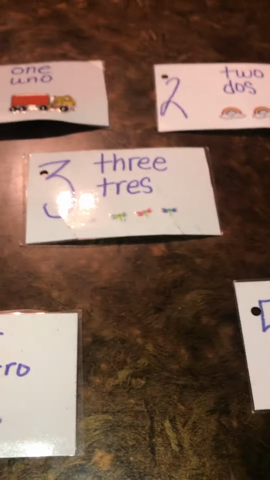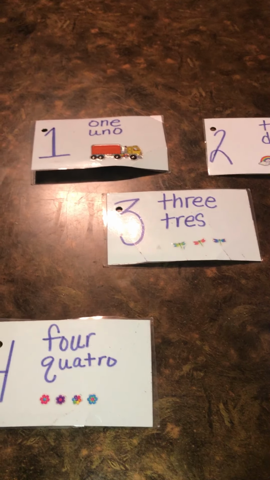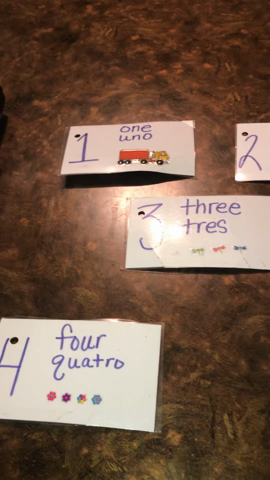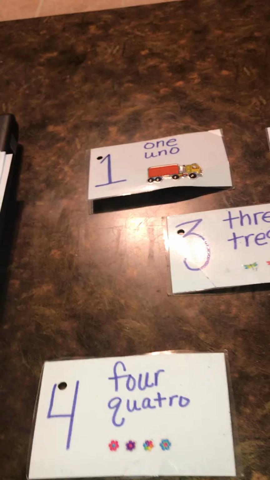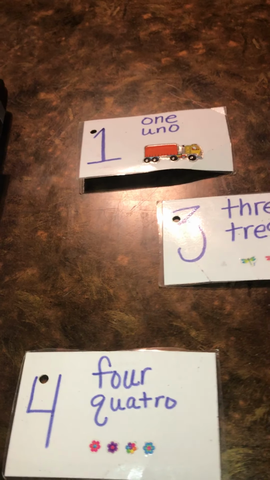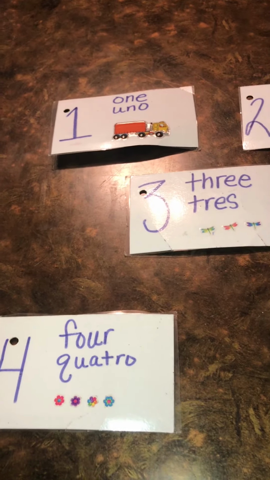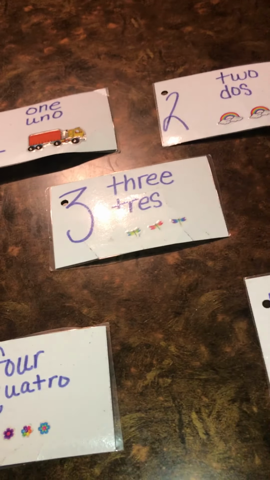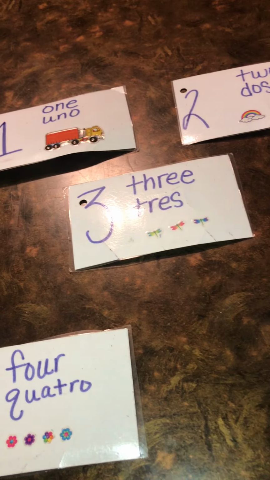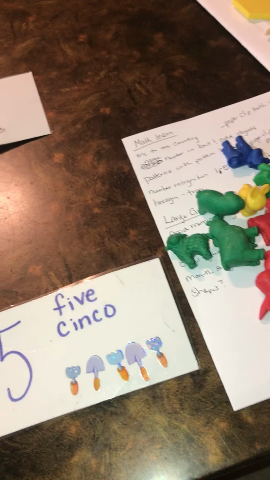So let's see if we can take our own objects and place them with the correct number. So I have different objects here, and we're going to see if we can place them, count, and put them in the correct spot. So let's see what we can have here.